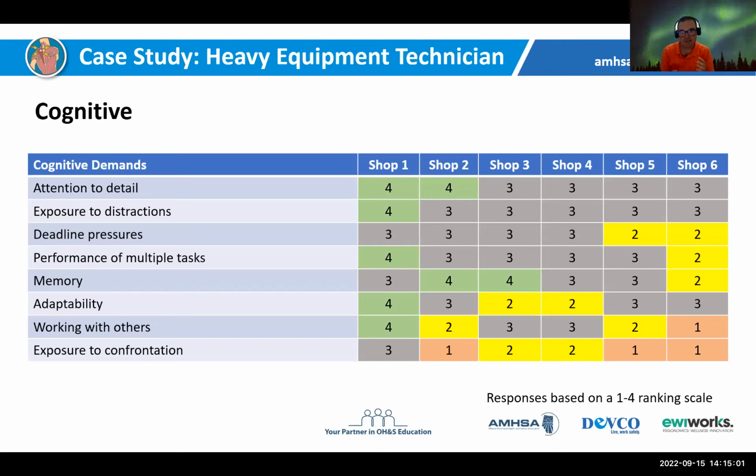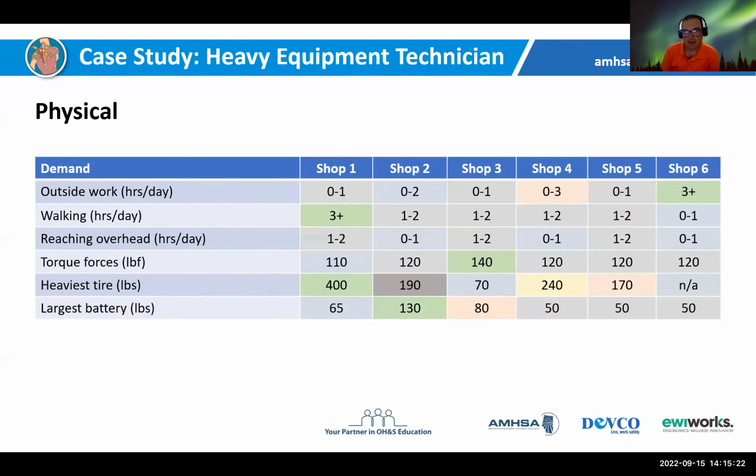You can see that between each of these shops, there's differences that creates a difference in cognitive loading. The confrontation was kind of interesting, that some shops had higher confrontation than others, whereas other shops, because of the way they handled their customers, didn't have as much confrontation in the mix.